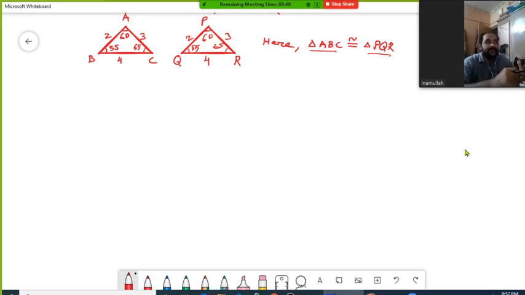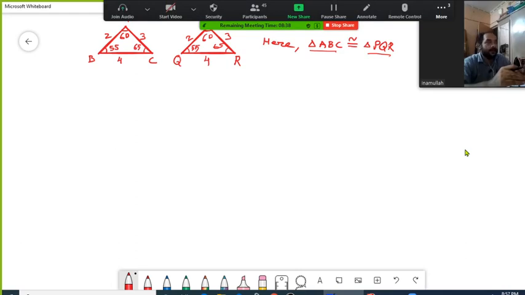So we will see all tests of congruency one by one.